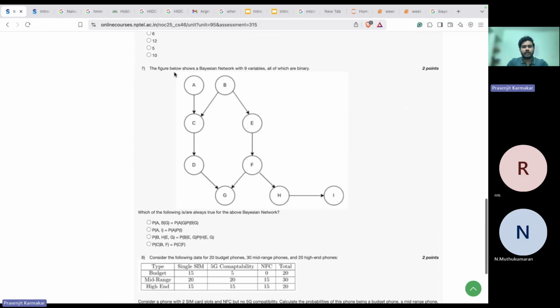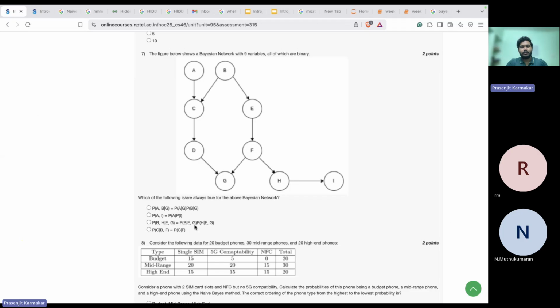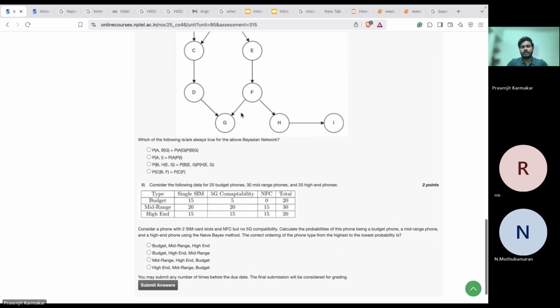See this one. The figure below shows a Bayesian network with 9 variables, all of which are binary. So all of them have binary values, and the question is which of the following statements are true for the above Bayesian network. Now from this graph you have to tick mark which particular probability computations are following the right path. Something like this.